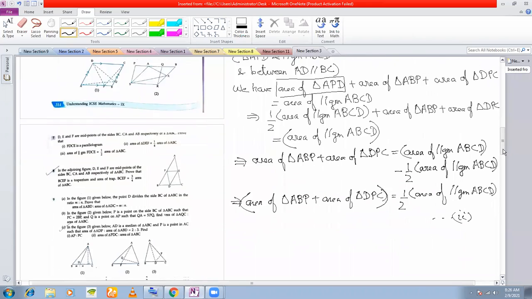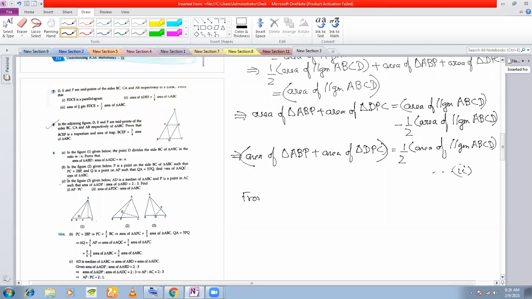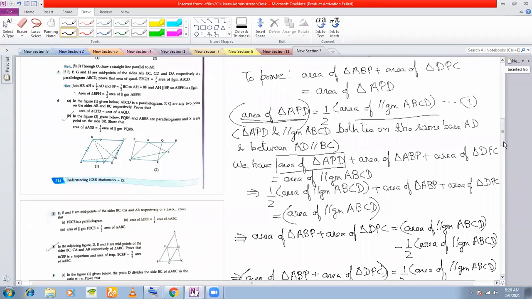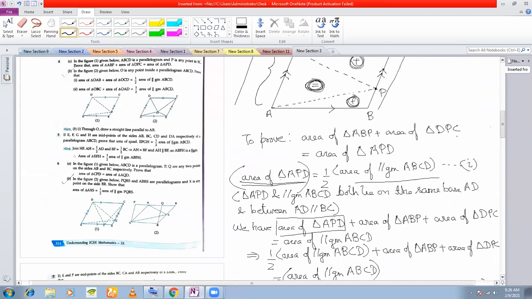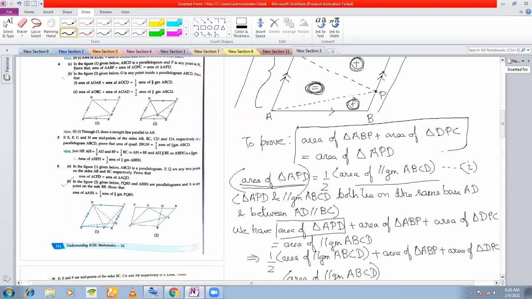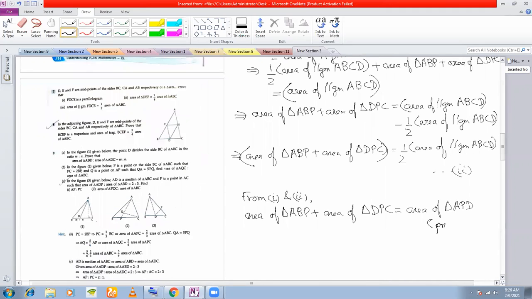Therefore, from 1 and 2 I can write area of triangle ABP plus area of triangle DPC must be equal to area of triangle APD. And that is what we are required to prove here, which is proved.